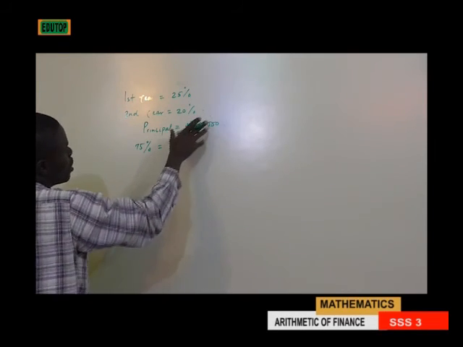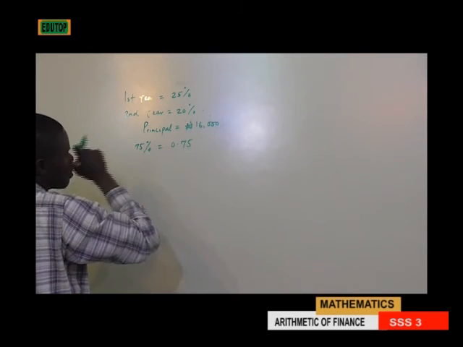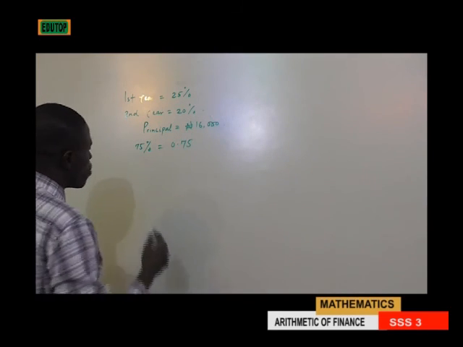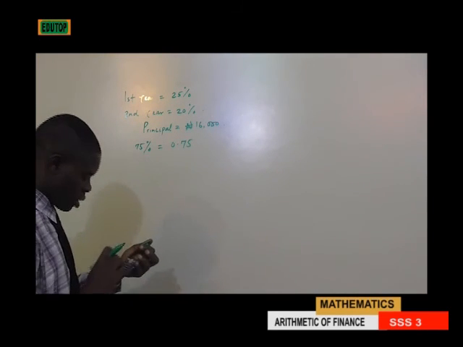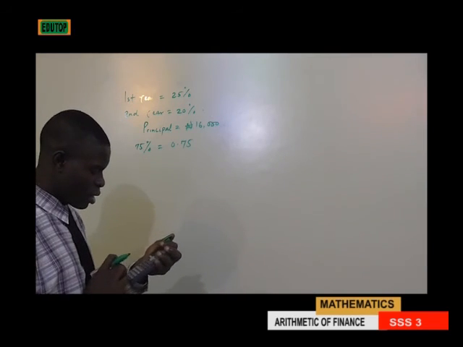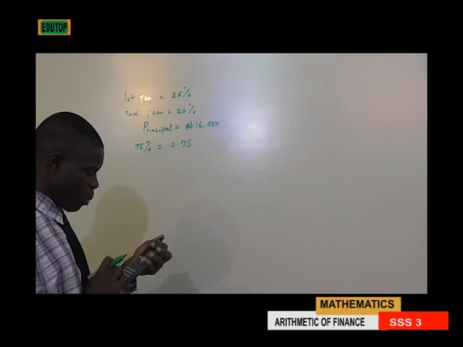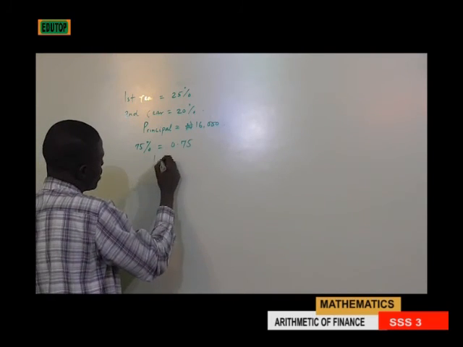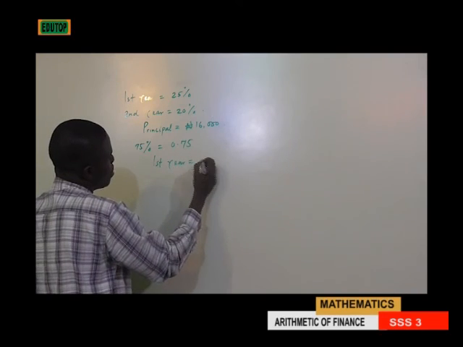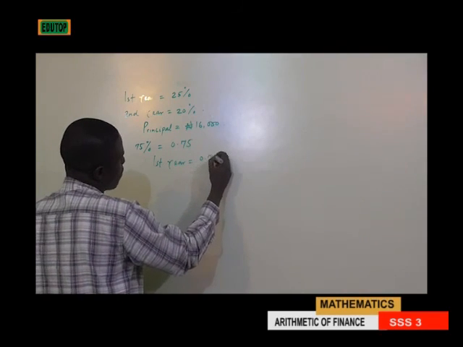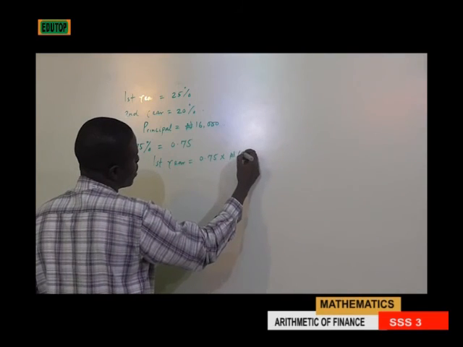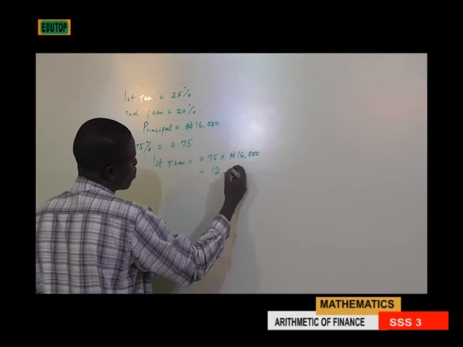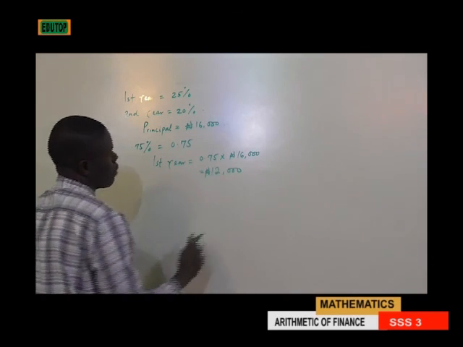So if you want to know the value that will remain after experiencing this 25% depreciation, it will be 16,000 times 0.75 for the first year. The first year would be 0.75 times 16,000, and that will give us 12,000 naira. That's for the first year.